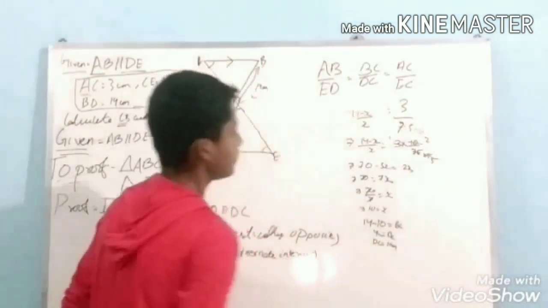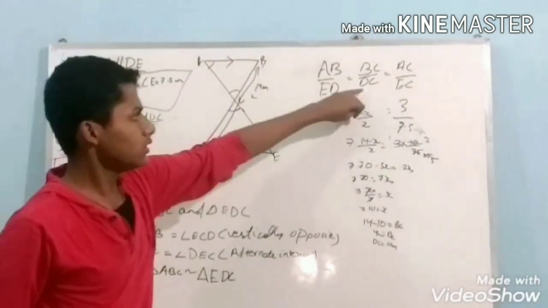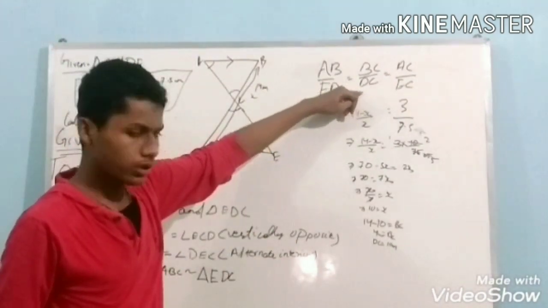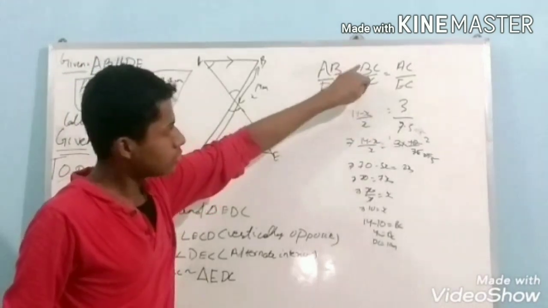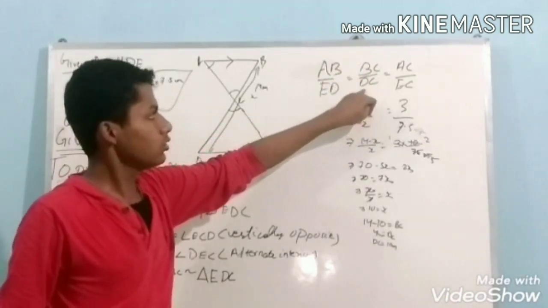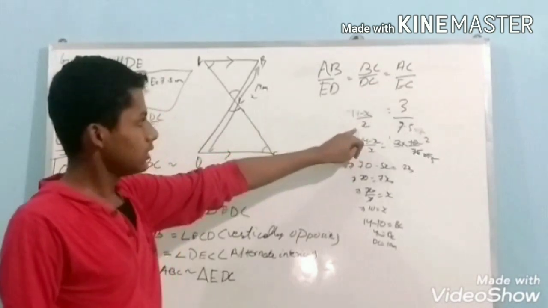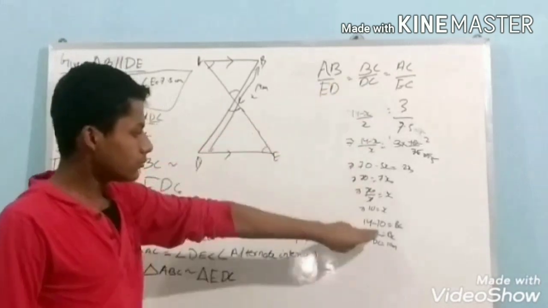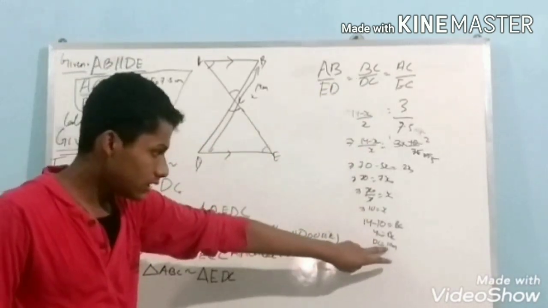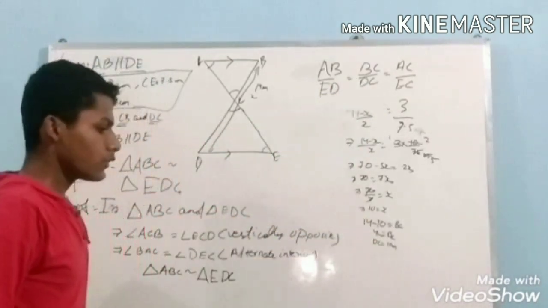We have taken the centimeter. You can also take this one as x. You can also take BC as x and DC equals to 14 minus x. If you take it like that, the BC value will come 4, then the DC value will come 10 centimeter.